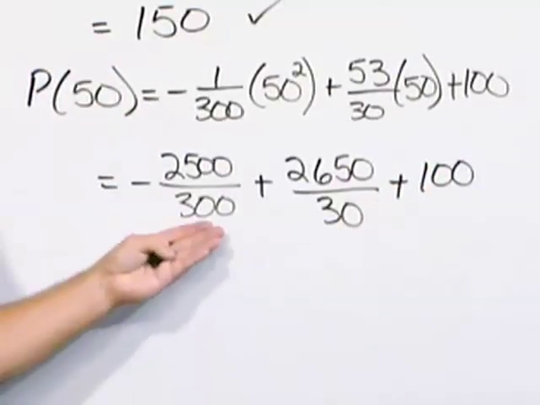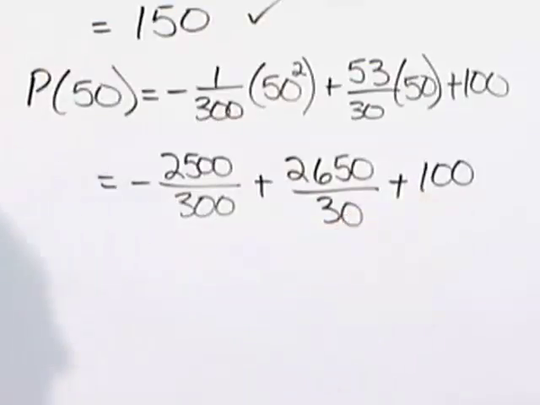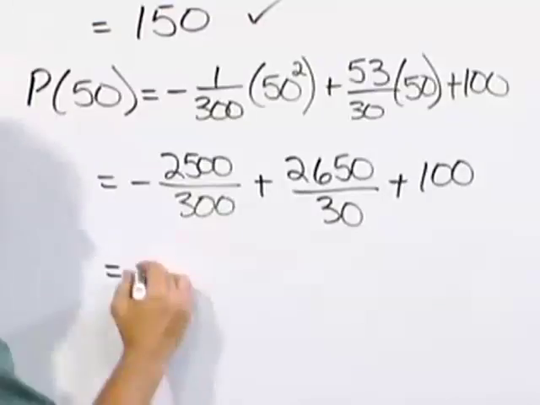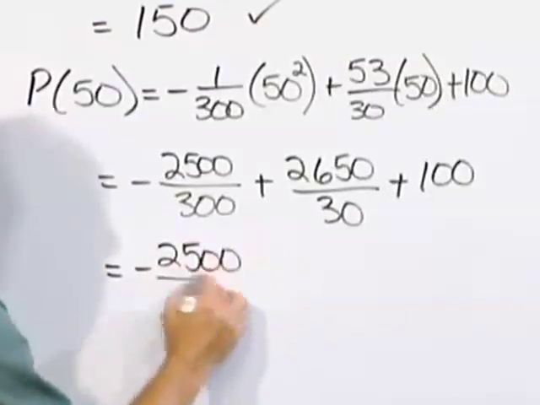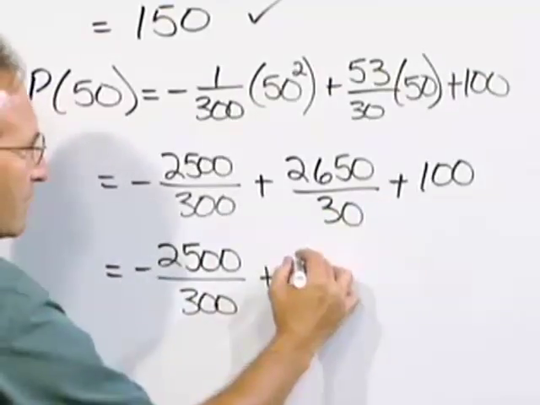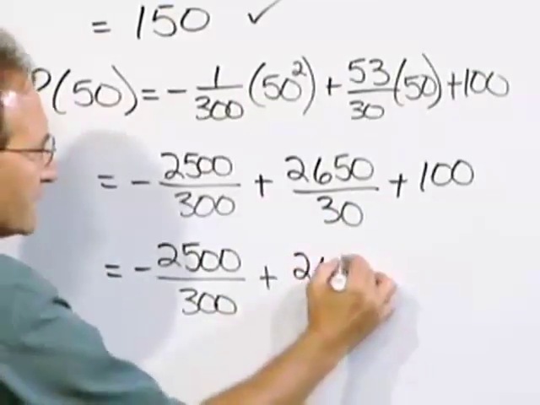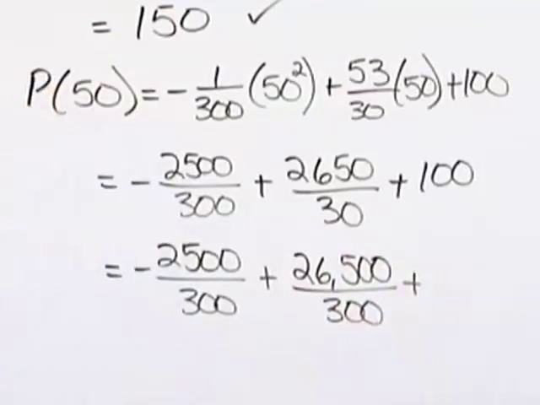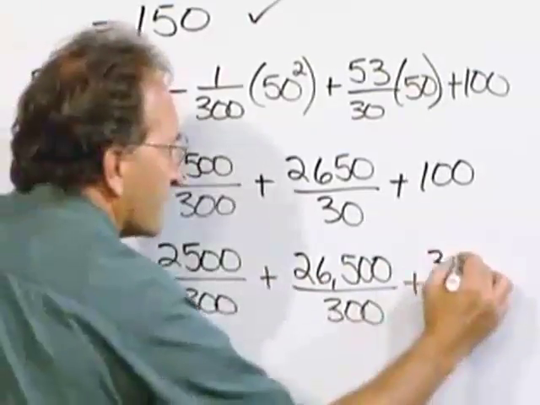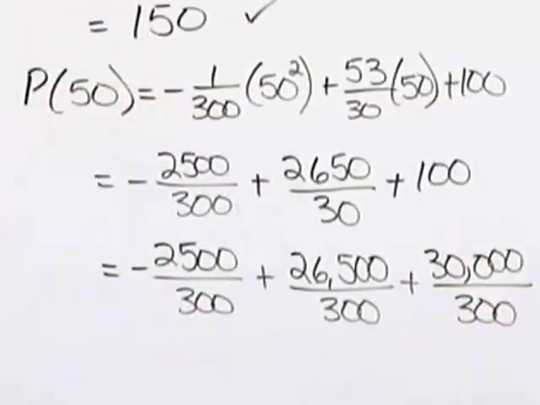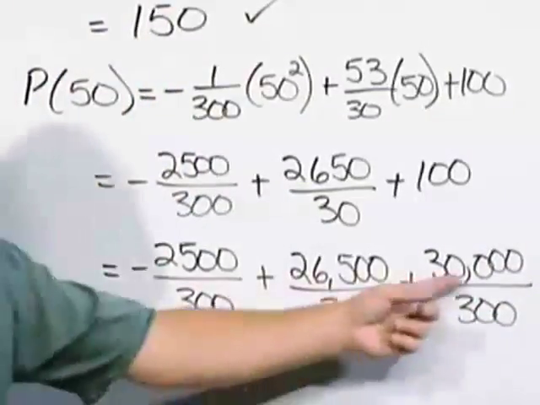Once again, to combine all of these, they need to have the same denominator, so let's make them all 300. So we would have negative 2,500 over 300 plus, here we need to multiply both by 10, so that would give us 26,500 over 300 plus, here we have to multiply by 300, so that gives us 30,000 over 300. Now we can, in fact, combine the numerators.